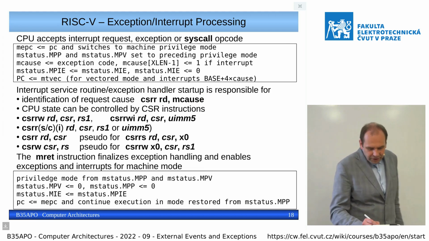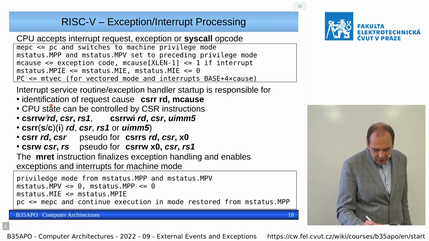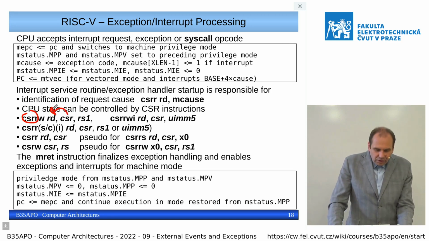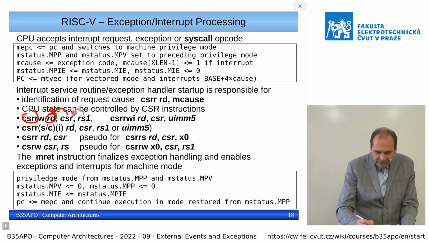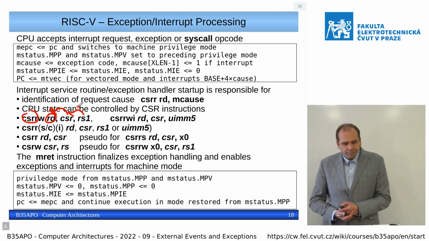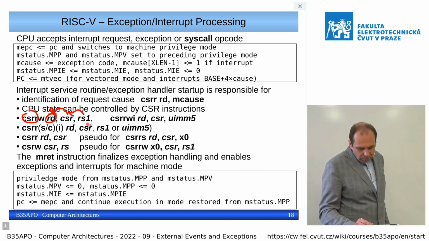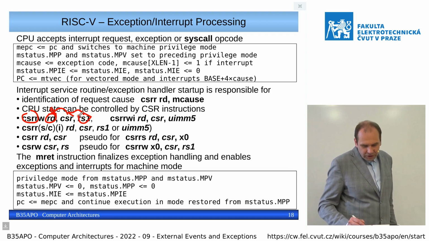We can use a read-write combination, CSRRW, which first takes the value of the control status register, the preceding value, stores this value to the general purpose register, and then sets the value of the register to the value of some other general purpose register.